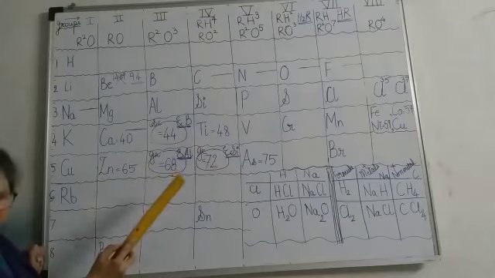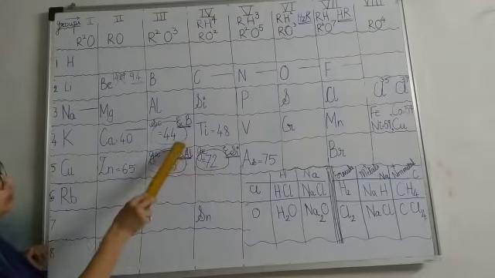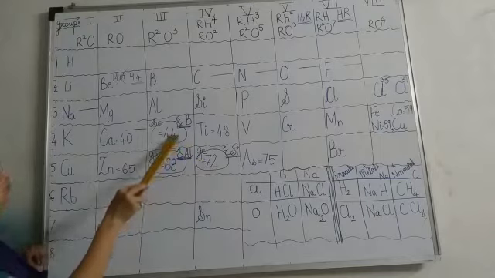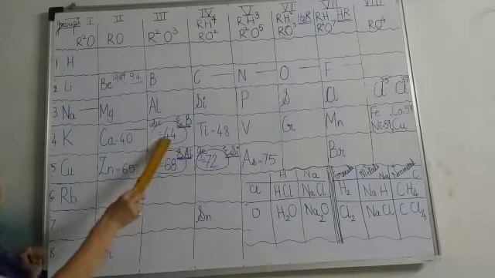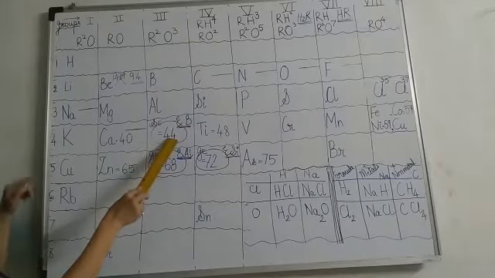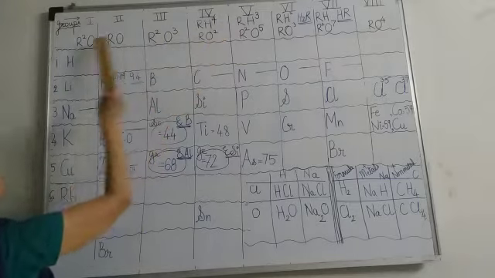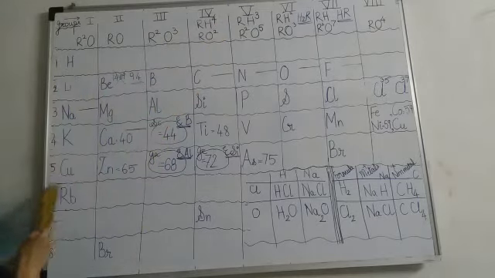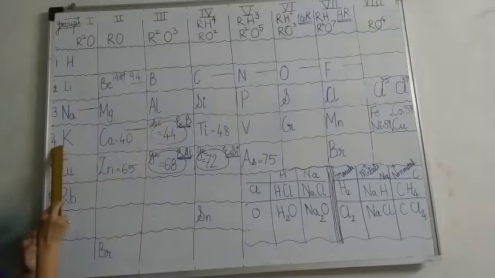Think about it on page 19. The question is asked about the groups and periods of these elements. If you are asked for Ika boron, then you can say the group is third. These are the groups and these are the periods. So the group is the third group, the period is the fourth period.